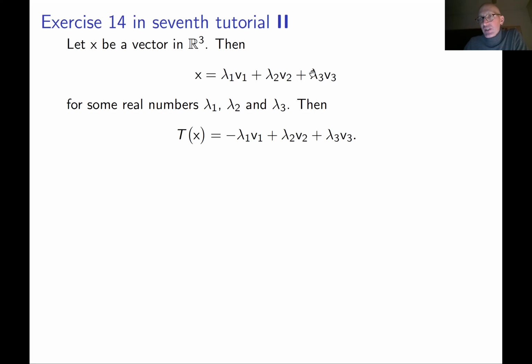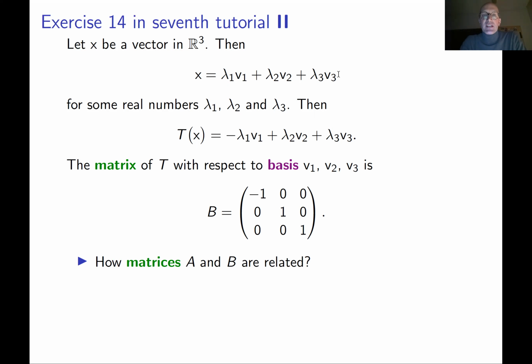And we know that such a decomposition exists because v1, v2, and v3 form a basis of the three-dimensional space, so every vector in R3 is a linear combination of them. Okay, good. This already should give you the idea that sometimes we need to choose a special non-standard basis of our vector space R3, so we can apply our linear operator in this new basis in an easier way.